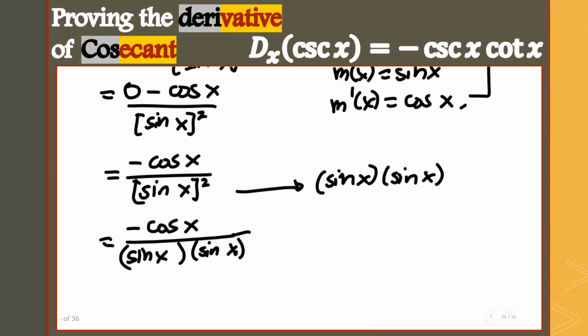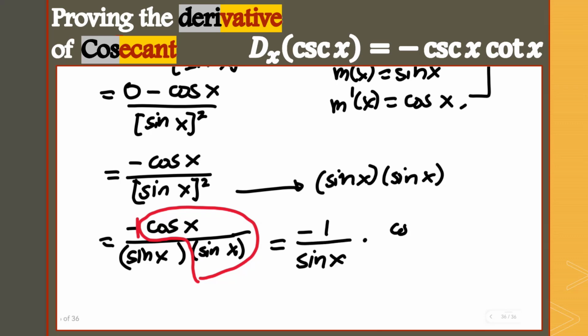And with that, I would like to pair this second sine x with the cosine x, leaving negative 1 for your numerator. Hence, I could separate them into two different rational expressions: negative 1 over sine x times cosine x over sine x.